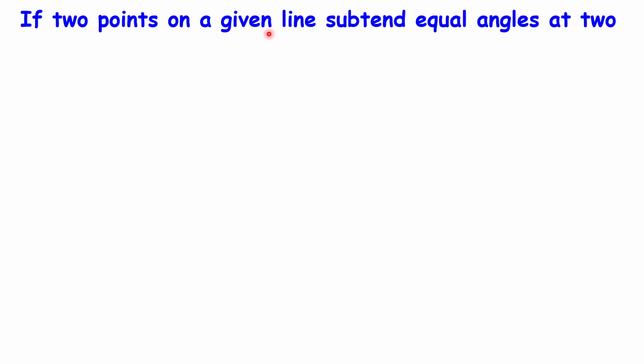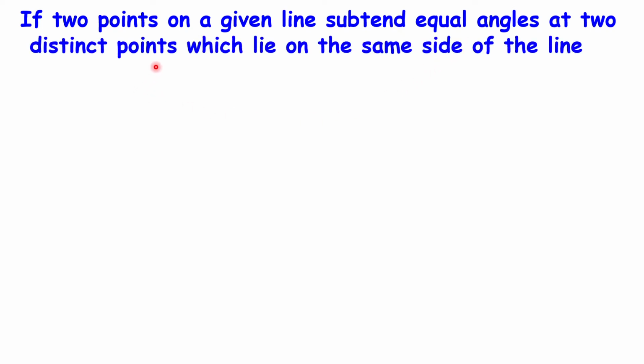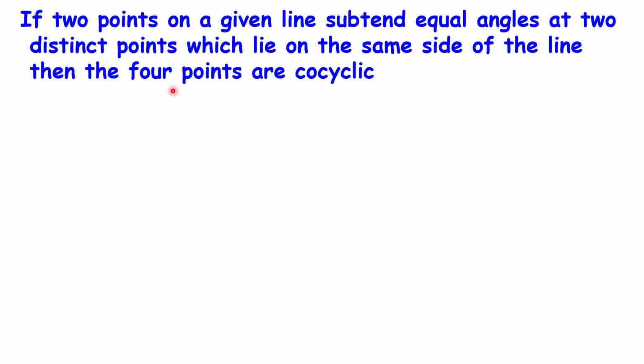If 2 points on the given line subtend equal angle at 2 distinct points which lie on the same side of the line, then the 4 points are co-cyclic. Here the points A and B lie on the same line and points C and D lie on the same side of line AB.